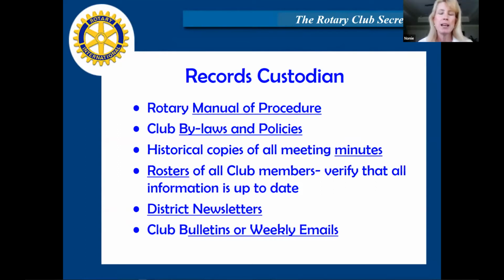It's not a bad idea every couple of years to review that with your whole board, and make sure you understand what's in there, so that if something's not being done as set up by your bylaws and policies, you can just say, hey guys, it says we're supposed to be doing this and we're doing something totally different. It's good to be that person, though it may not make you the happiest person all the time. Your club loves you, but at least you're trying to keep them on the right track.